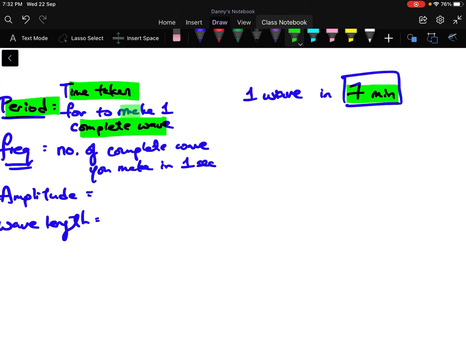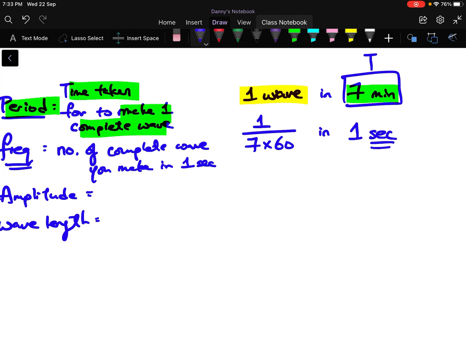Period means time taken to make one wave. So I make one wave in 7 minutes. If now I ask you, in 1 second how many waves would you make? Well, you say, in that case, I will make 1 divided by 7 times 60, because seconds, correct?